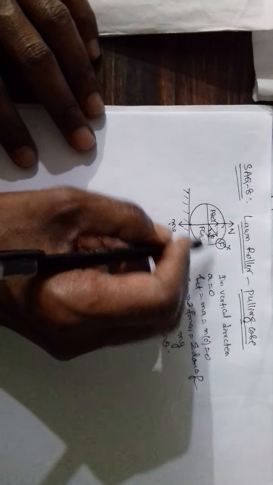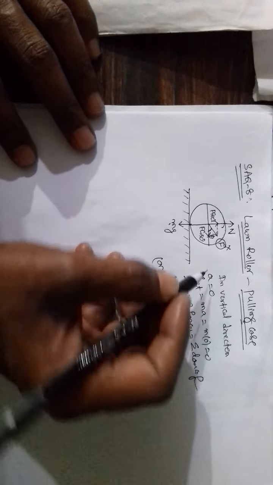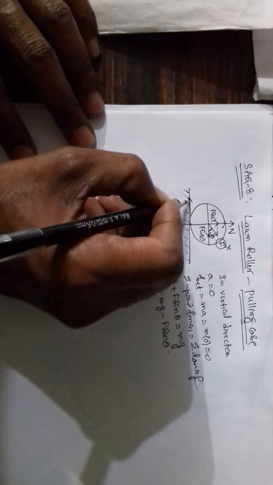But here, when you are pulling, the roller is moving to right hand side, and the rolling friction will be in opposite direction, Fr.